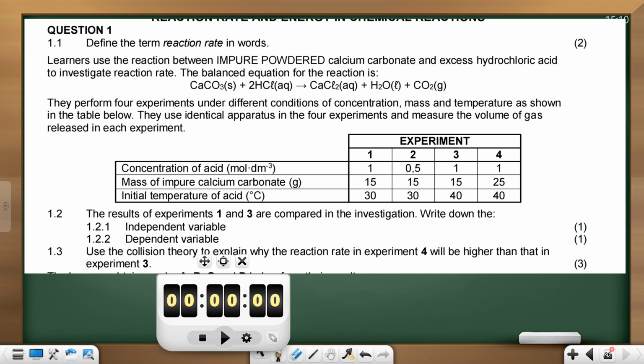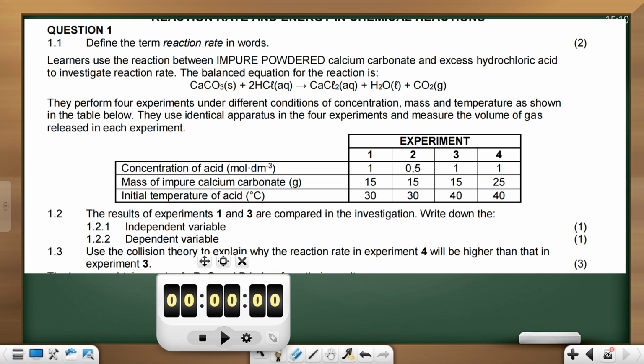Change in concentration of product or reactants per unit time. That's 1.1 there. Rate of reaction: change in concentration of reactants or products per unit time. You must get that mark. So when you say it's the time taken for the reactants to form products, it's wrong.